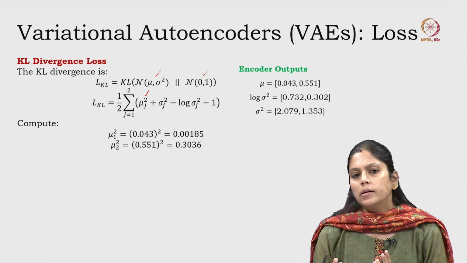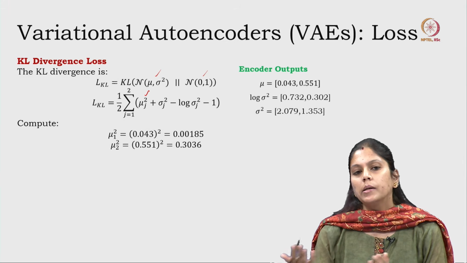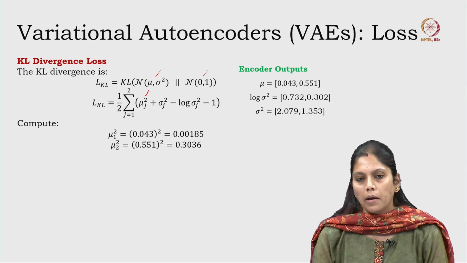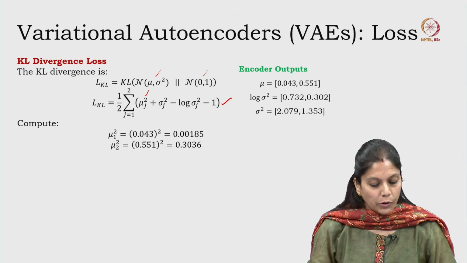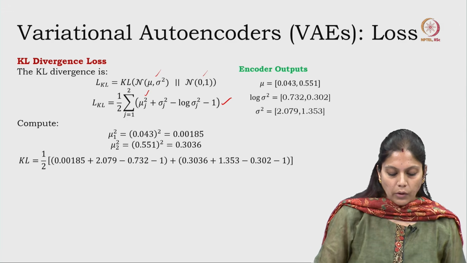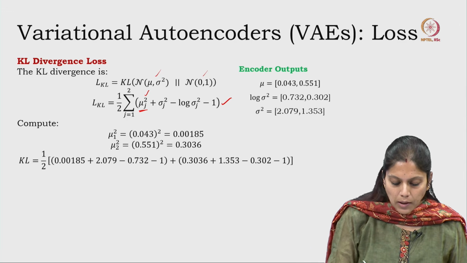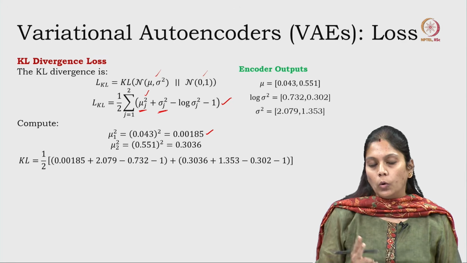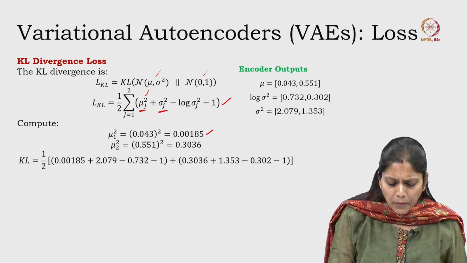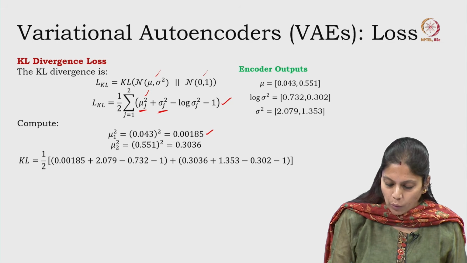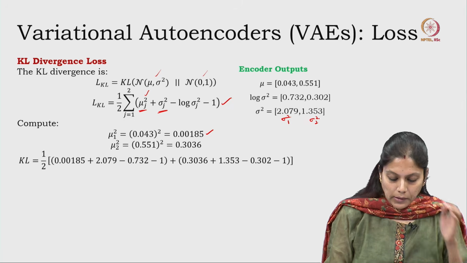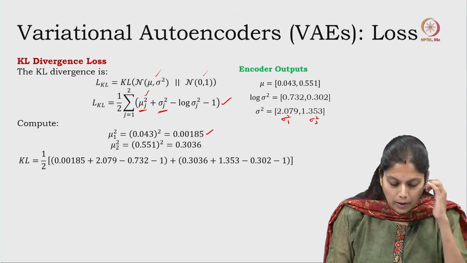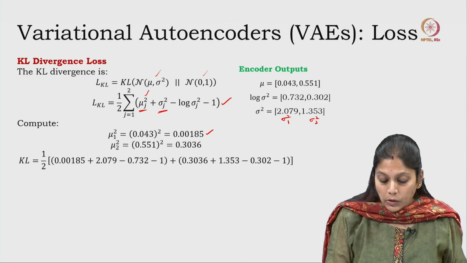Now, once this is done, is it not simply substituting the values into that KL divergence formula? So, substitute the values. First is the mean, so you are taking this. Since there are two values, you are considering the first one, this is 1, this is 2. Then you have minus log variance.